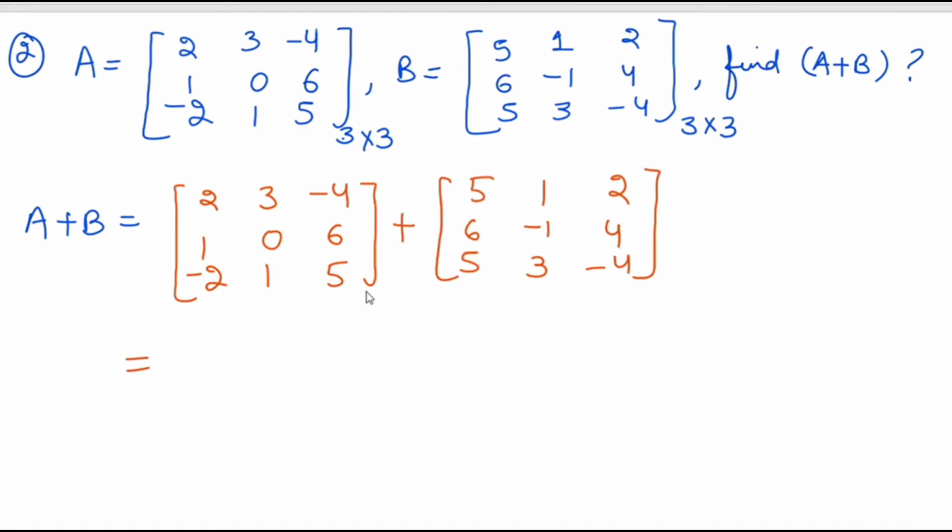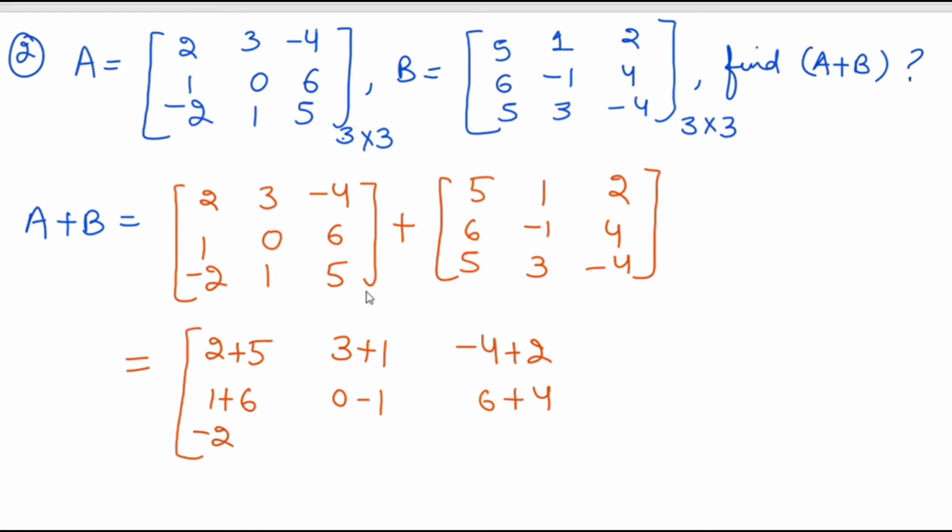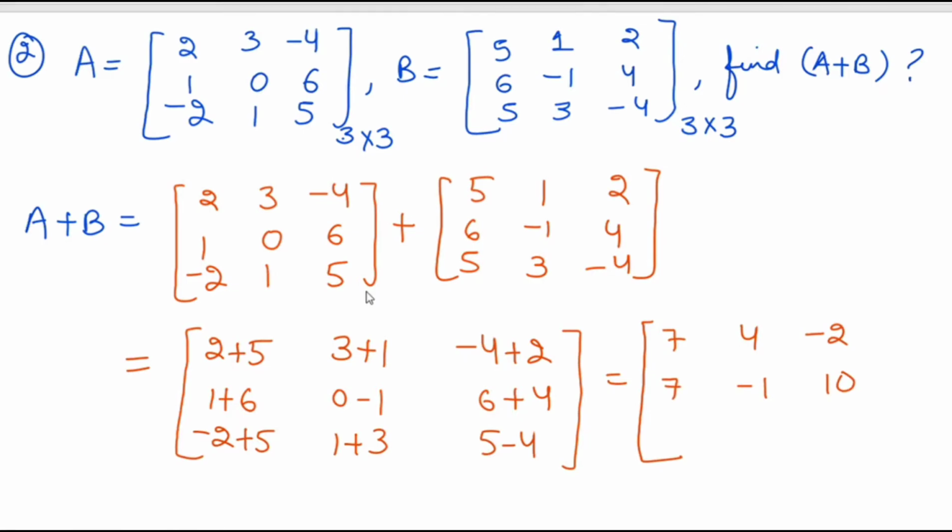Now on a similar basis, हमने corresponding elements को ही ऐड करना है, तो यहाँ पे हमारे पास जो मैट्रिक्स आएगी वो क्या आएगी: 2 plus 5, 3 plus 1, minus 4 plus 2, and second जो रो होगी वो क्या होगी: 1 plus 6, 0 minus 1, and 6 plus 4, minus 2 plus 5, 1 plus 3 and 5 minus 4. और इसे अगर हम सॉल्व करेंगे तो हमारे पास क्या सोल्यूशन आएगा: 7 4 minus 2, 7 minus 1 and 10, next is 3 4 and 1.